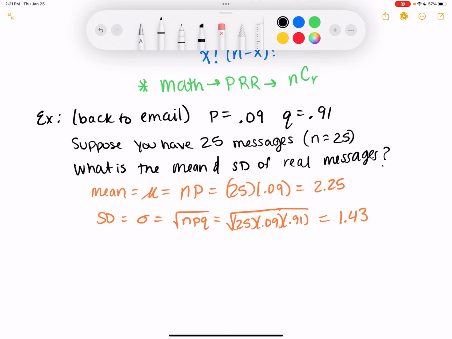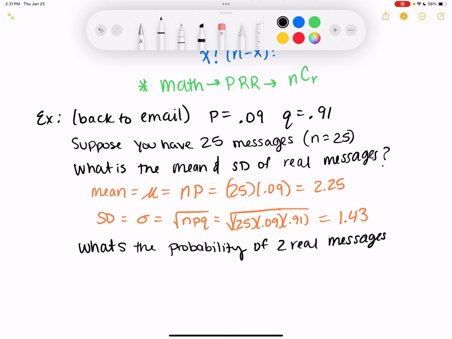So that's just the generic stuff. But let's say we want to get specific. What's the probability of 2 real messages? So basically, given the information of 25 messages, what's the probability that out of those 25, 2 of them are going to be real?